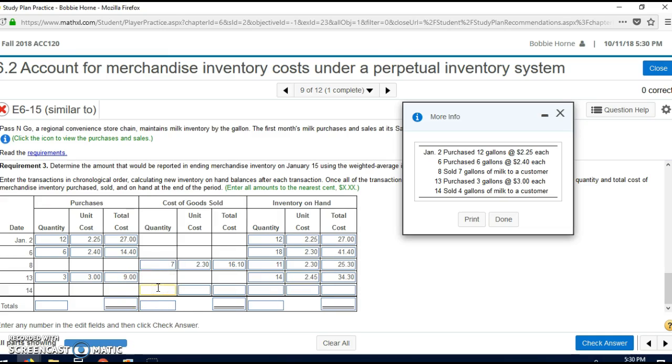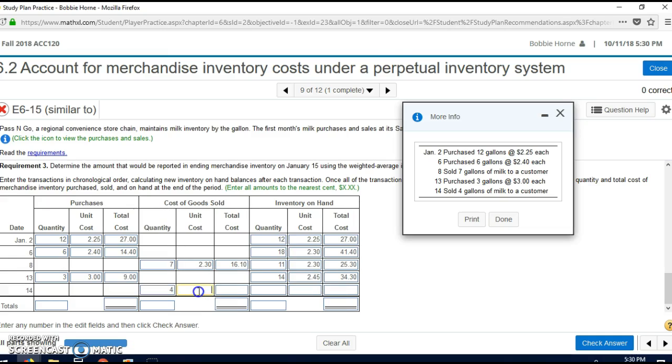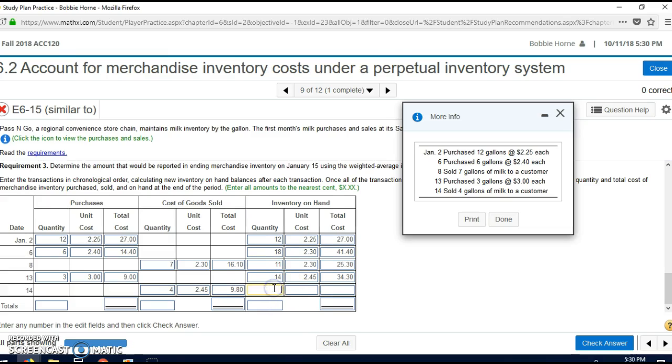Then we sold 4 gallons. The unit cost is $2.45, so that would be $9.80. So we have 10 units left, 14 minus 4, at $2.45, which would be $24.50. So your ending inventory is $24.50, 10 units.